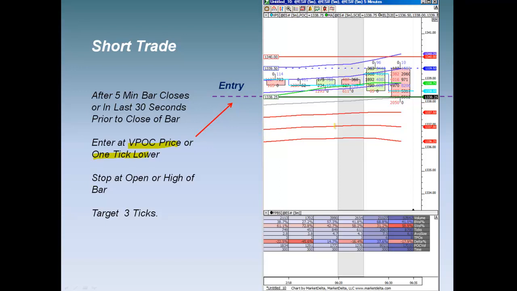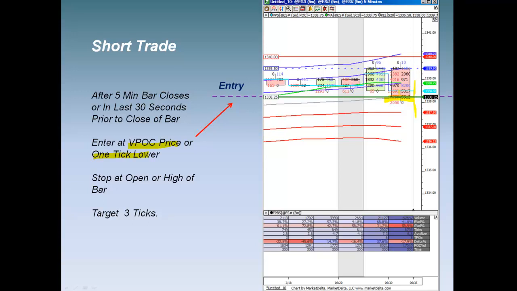If I place my entry as a limit order and wait with the short there, there's a possibility that I will get into the trade, but there is a higher possibility if I place my entry one tick lower, so that as the auction market comes back to test the volume point of control, I am sure to be filled.